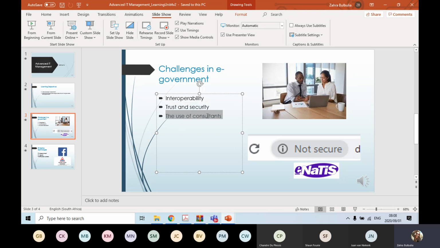Use of consultants, as I said, I don't agree with it being really a challenge. I guess in some ways they could say, yeah, if you use consultants in certain areas, it takes skills away, or you're not upskilling your own staff at a level. But this in IT is predominant because if you're in IT, this is what you eventually want to become. You want to become a consultant with specialized knowledge, because that would give you the competitive edge.